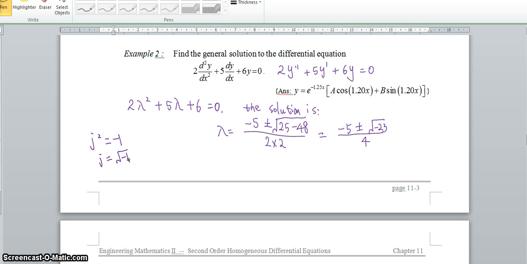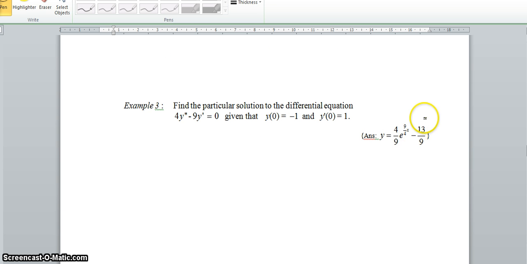So you need to know this fact in order to write this lambda value in alpha plus beta j form. If we know j is equal to root negative 1, then root negative 23 in our example is really root negative 1 times root 23, which is root 23 times j. This is how this complex number j shows up.